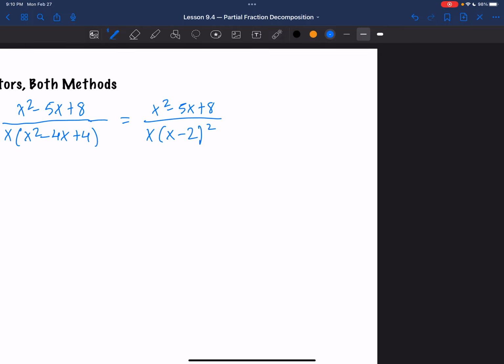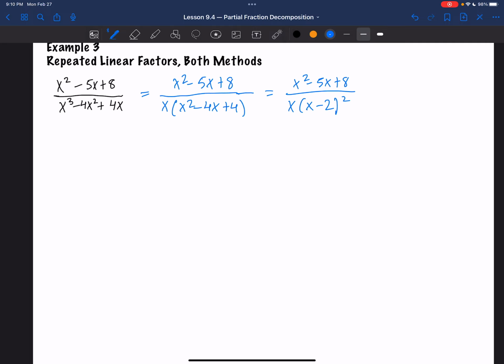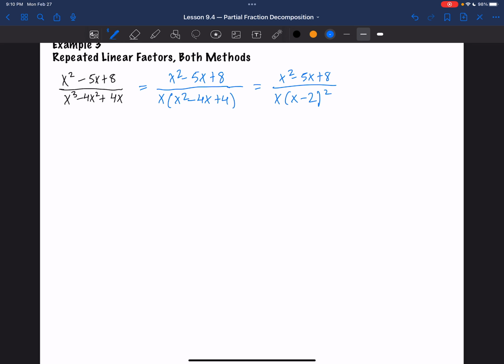So then how do we decompose this? You know what? Let me write it on the next line. x squared minus 5x plus 8 over x times (x minus 2) squared. Well, the first linear factor is x, so I know I need A over x.